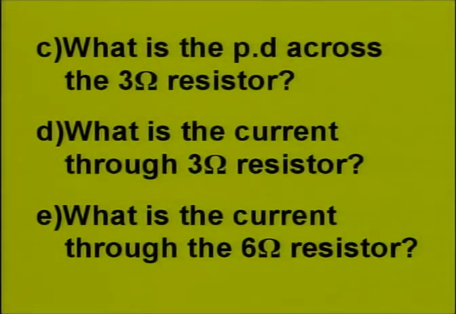So in here, what did you get? Okay, the total voltage in the circuit, with resistance 2, would be 12 volts.